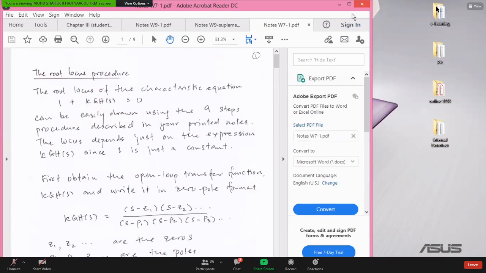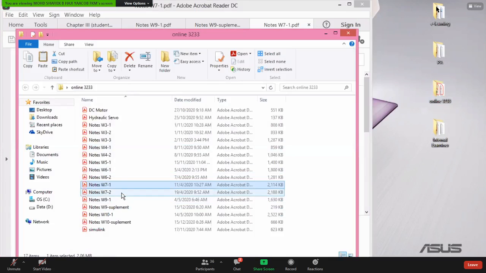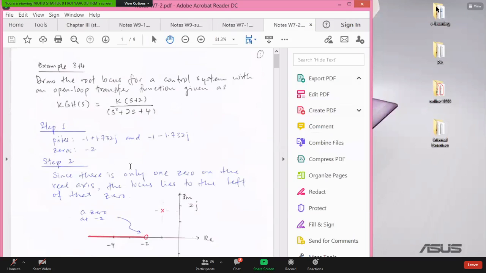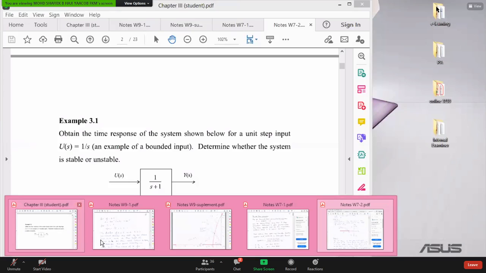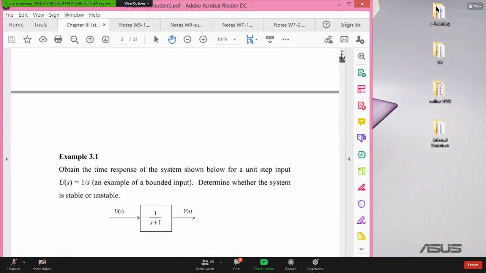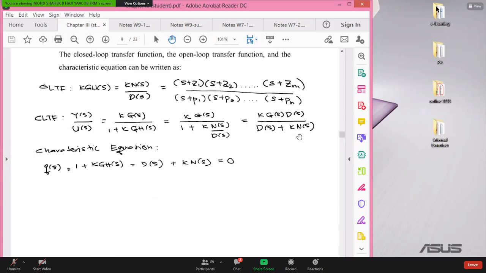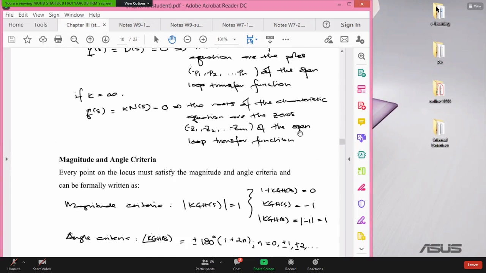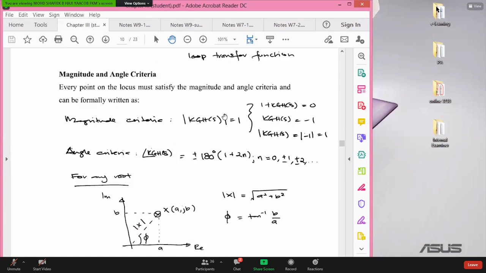There, here is the magnitude criterion. The magnitude of the open loop transfer function must always equal 1.